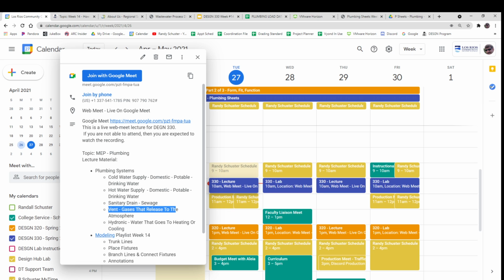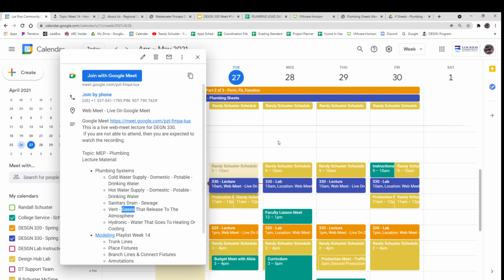And then there's vents. Drain lines and many pieces of equipment have gases. There's gases that come off of them. Sewage, in particular, has gases. And so you'll see a trap that's got some water in it that keeps the gases from coming into your house.